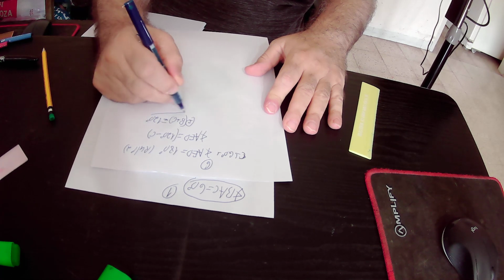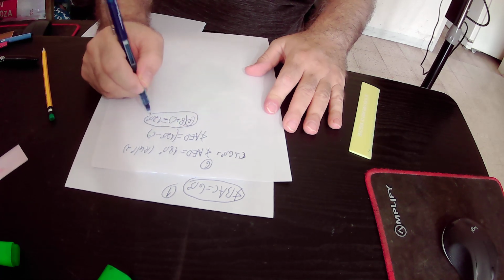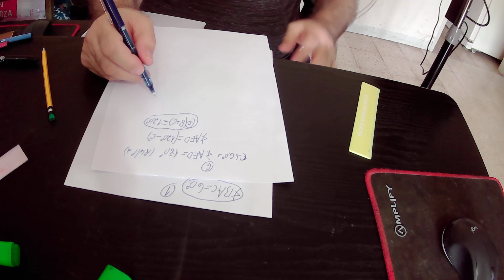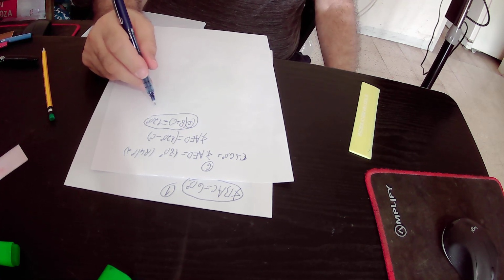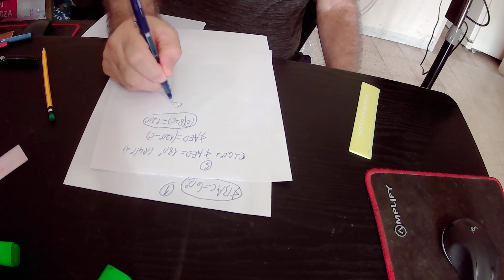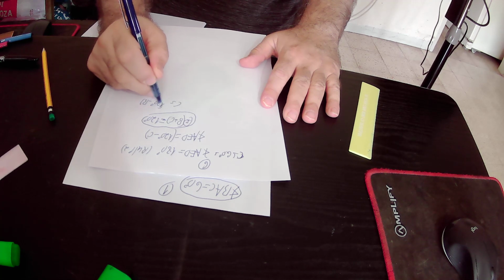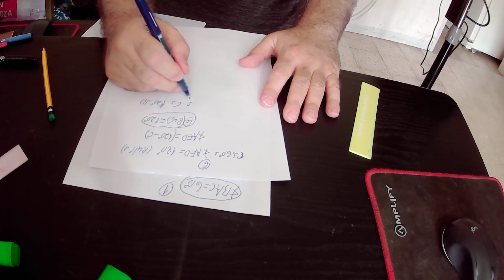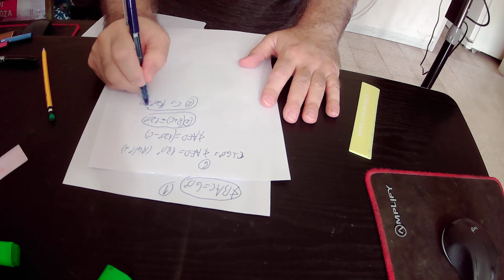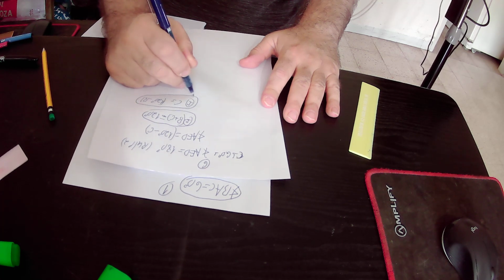So here we will subtract B from equation number 1, and we will get that C equals 120 degrees minus B.